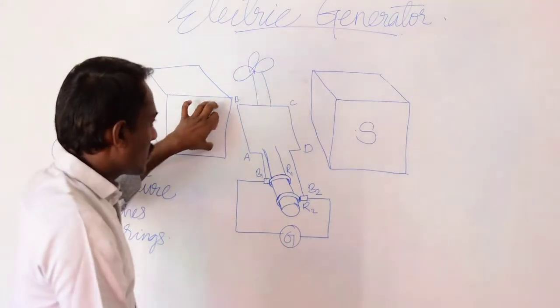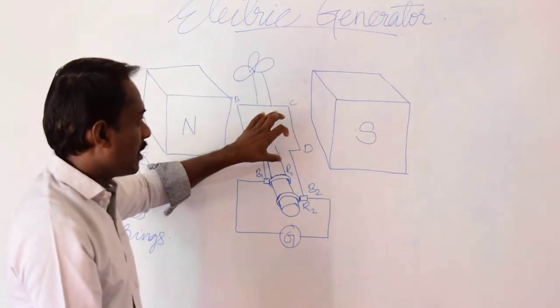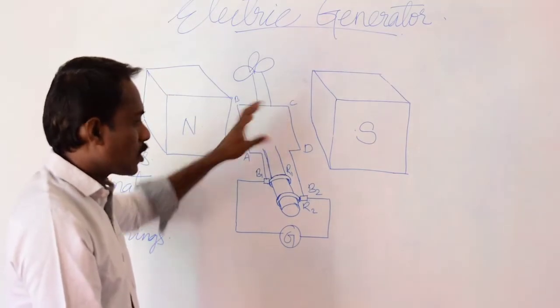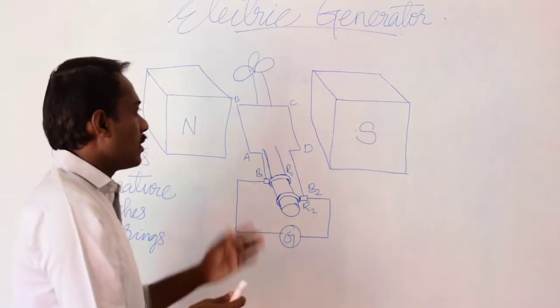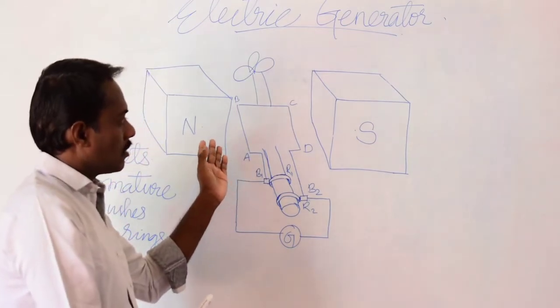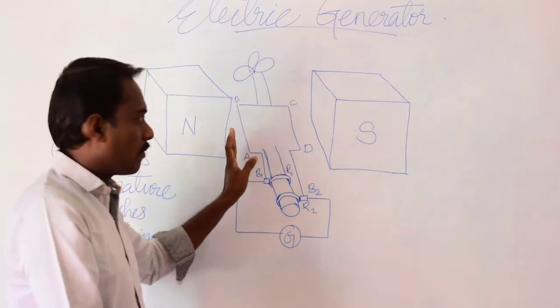The magnets produce a magnetic field, and the coil rotates, moving in the magnetic field.